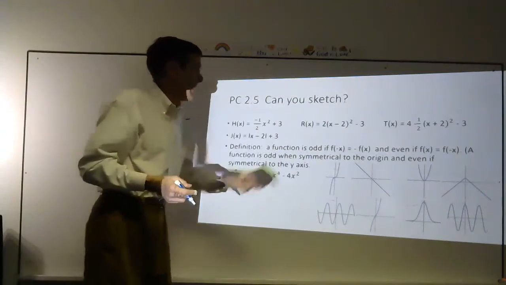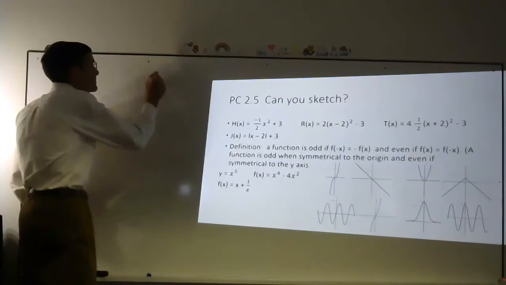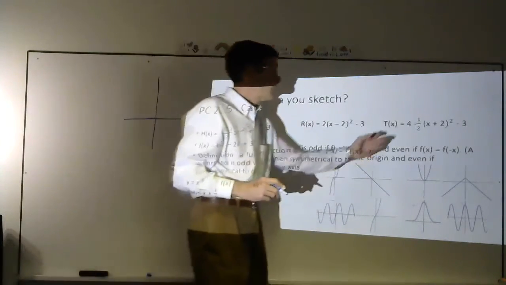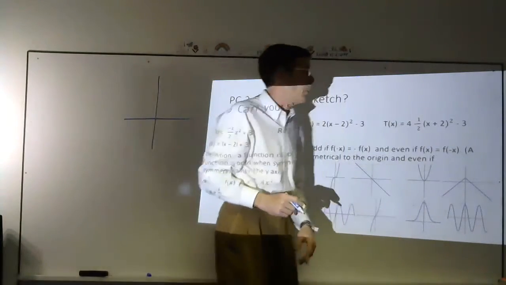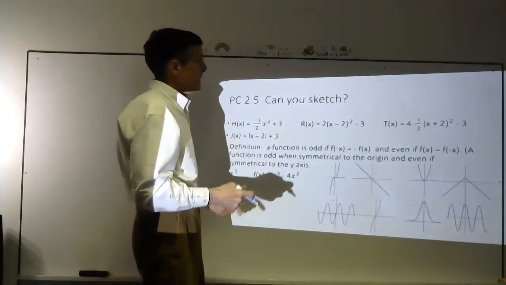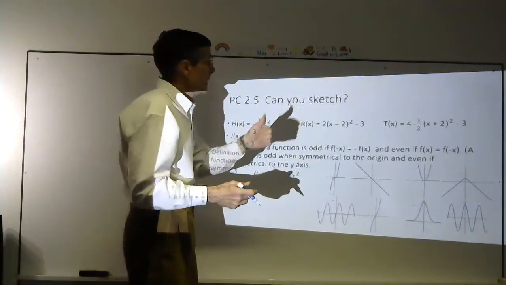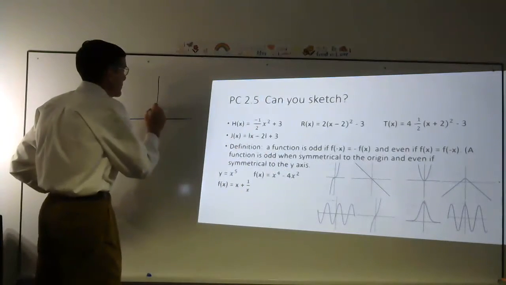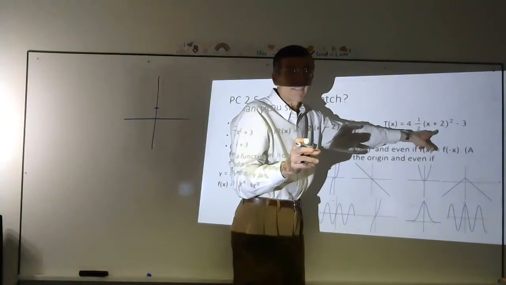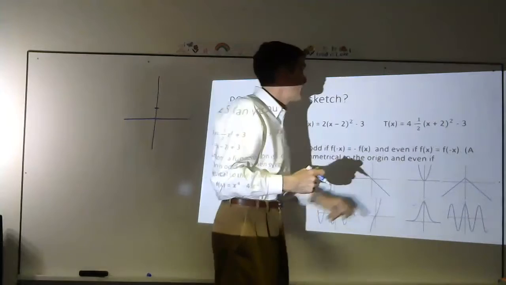All right, that last one is kind of a tricky one. The first thing I do is take 4 minus 3 and get 1. All right? So 4 minus 3 is 1. A positive 1 moves it up 1. Okay, so we're going to go up 1. But this plus 2 here with the x, the plus 2 with the x, does it not move it to the left 2?